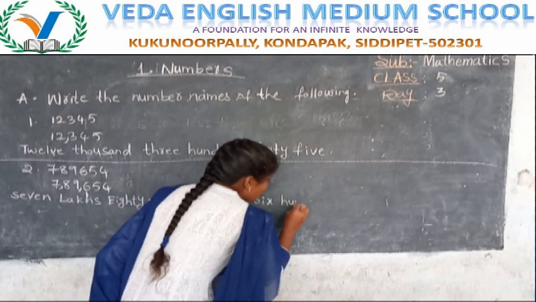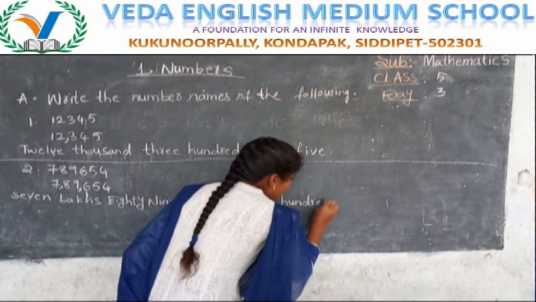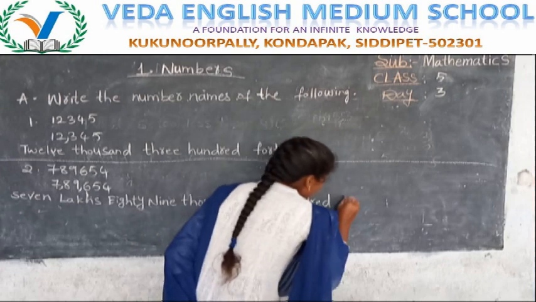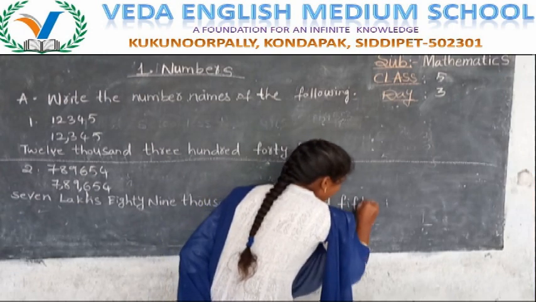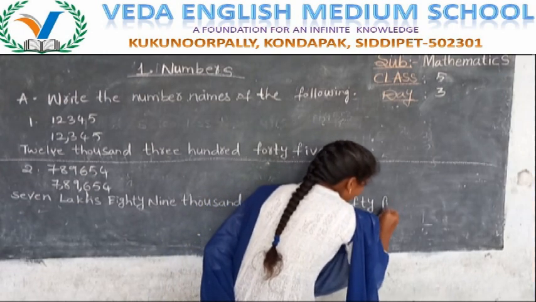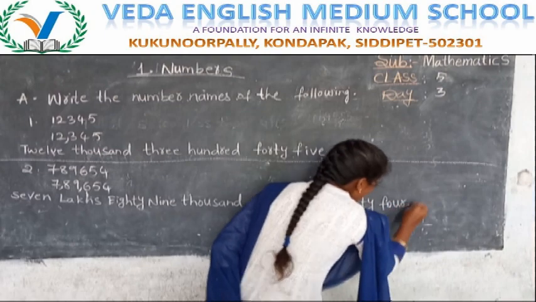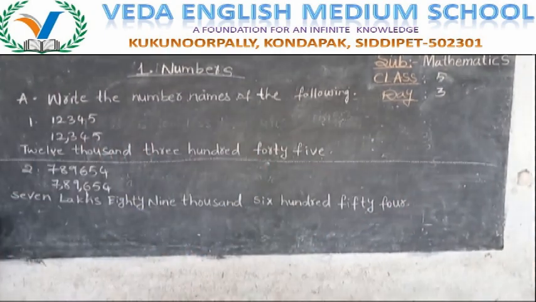SIX HUNDRED, 654. FIFTY, 50, FOUR, 4. 7 lakhs 89,654. Like this you have to complete the first bit.